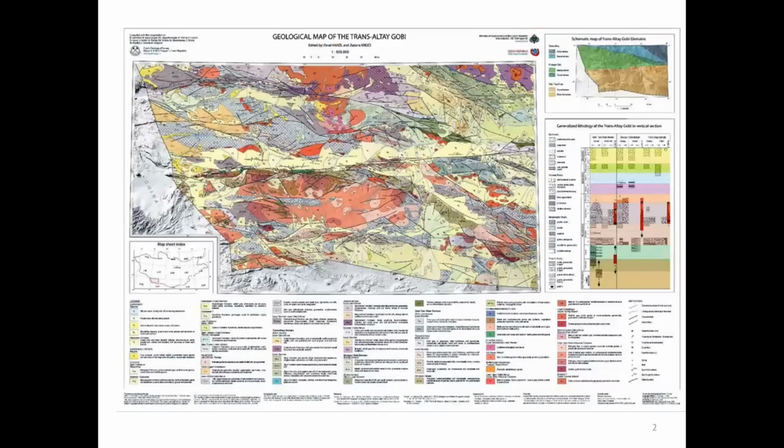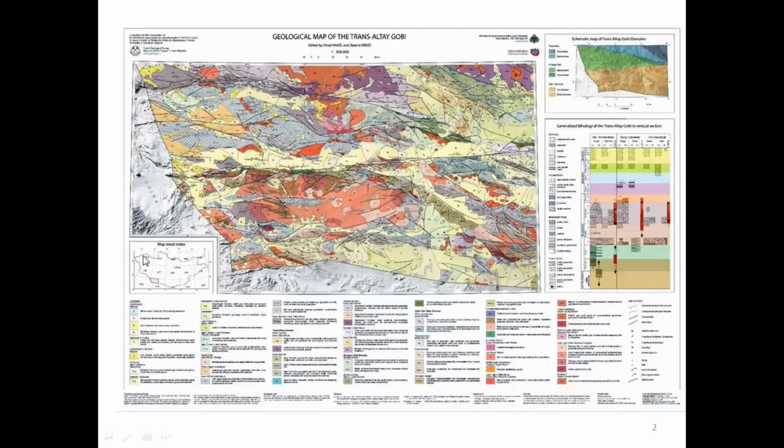Here you can see an example of a geological map. You can notice a few things. Here is the title of the map, and then you have an area that covers the geology with various features, like different lines that represent the structural geology of the area, and different colors that show the rock types of the area.